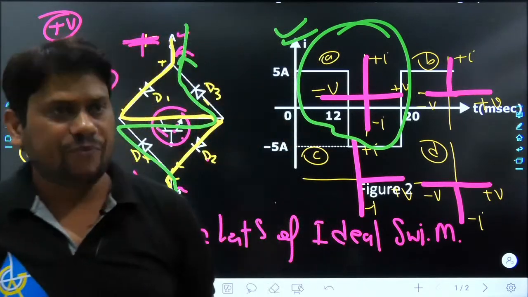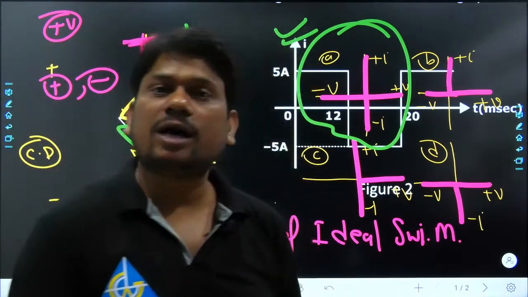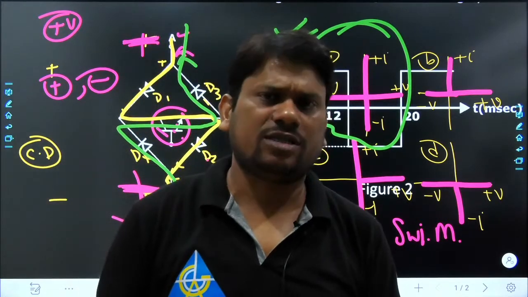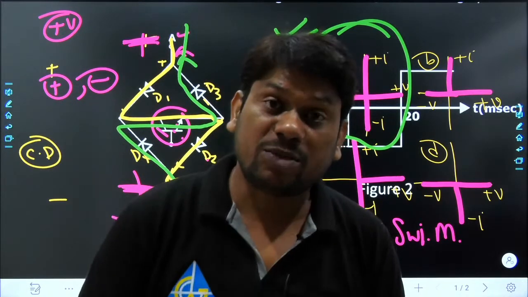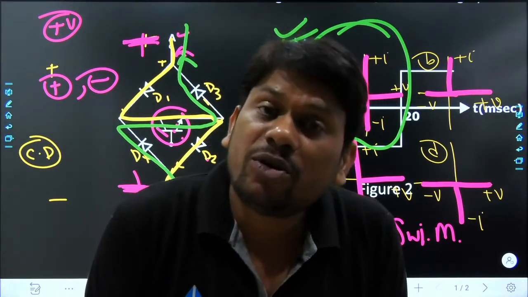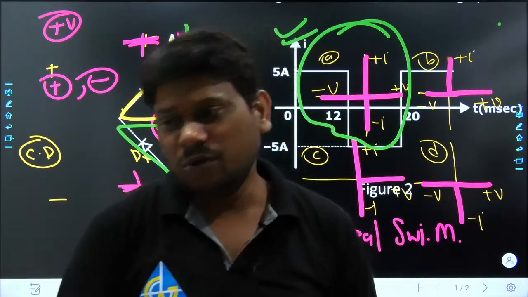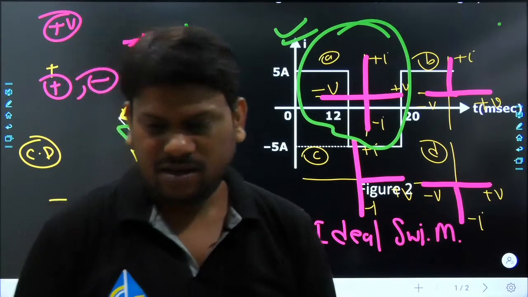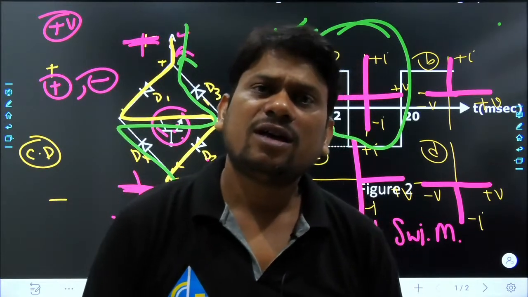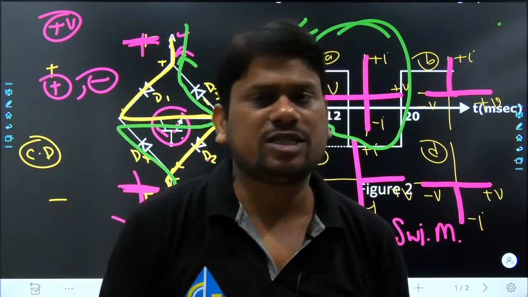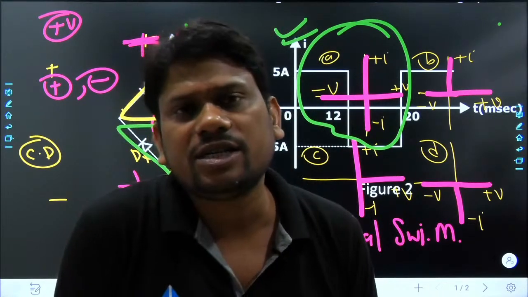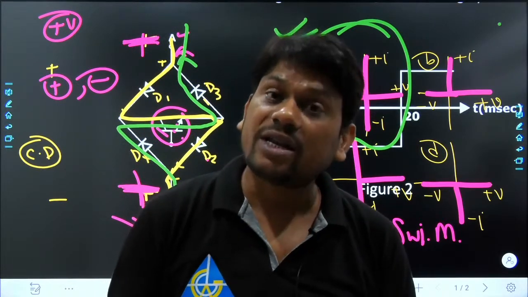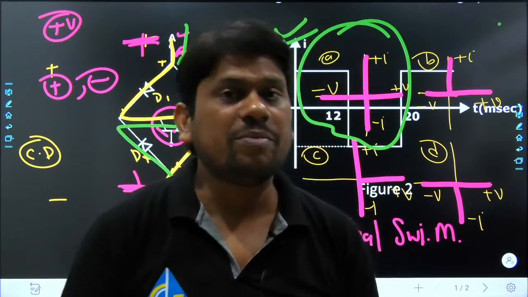And tomorrow, my dear friend, we will discuss a numerical example of the switch module as well as VI characteristics of many switches, so that you become familiar with the switch module, because there is more than 90% probability that in GATE 21 they can ask one question from this section, either VI characteristics or conduction loss or switching loss. So all the points are really very, very important for the upcoming GATE.